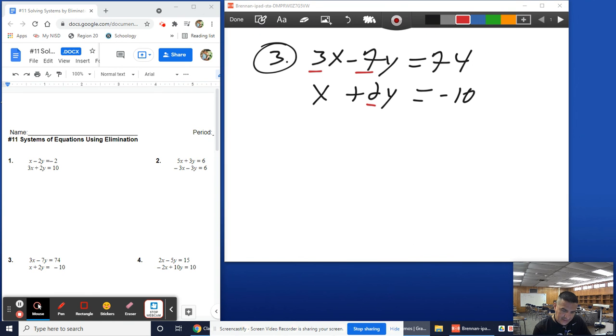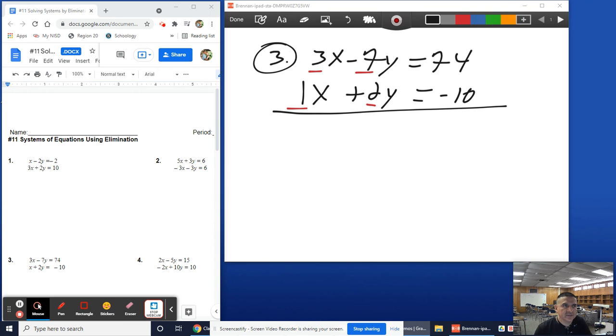I have a 3, and this should be a 1. Is there anything I can multiply 7 by to get 2? No, it's a fraction. Anything I can multiply 2 by to get 7? Nope, it's a fraction. Can I do 3 to get 1? No. However, I can do 1 to get 3, right?